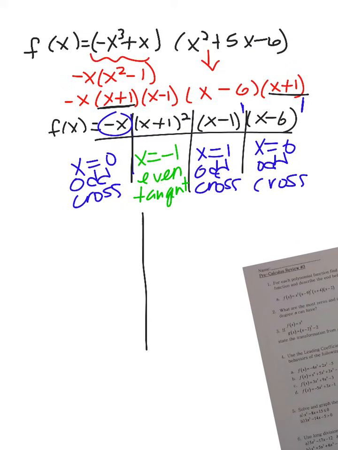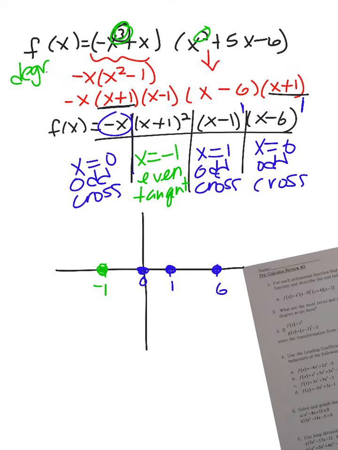Okay, so let's see what our graph will look like. So I have a zero at 0, 1, and 6, and then also at negative 1. Okay, so the degree, count up the exponents, so I have 3 here, and 2 here, so the degree is 5.